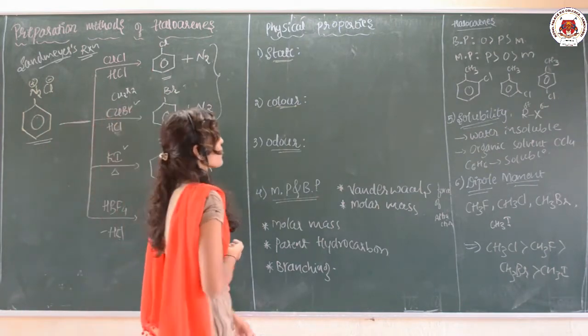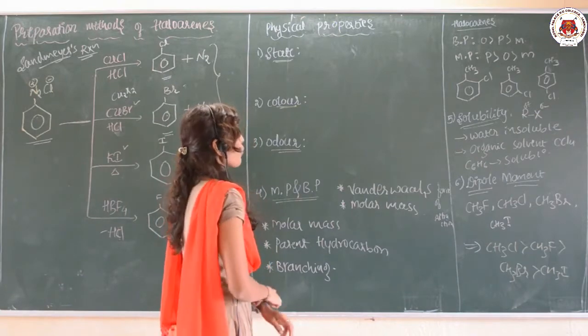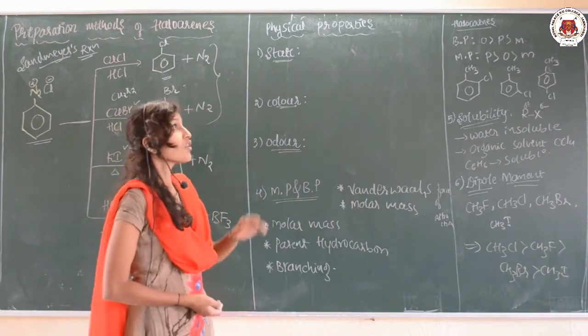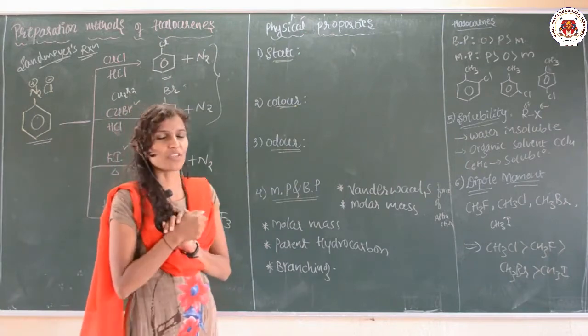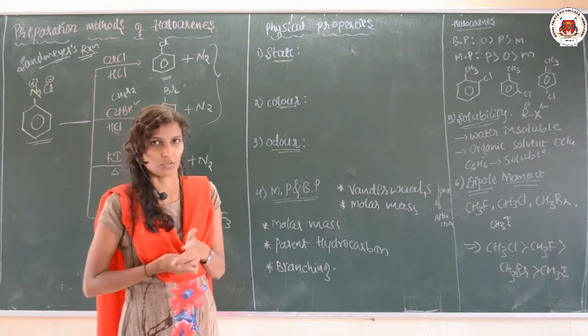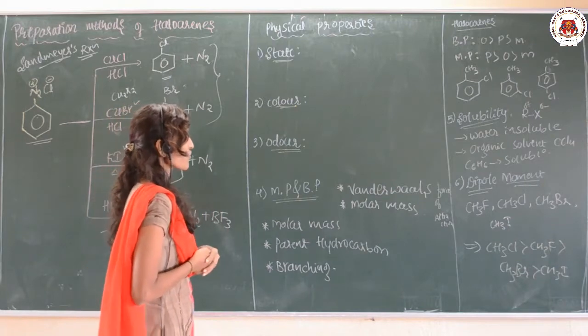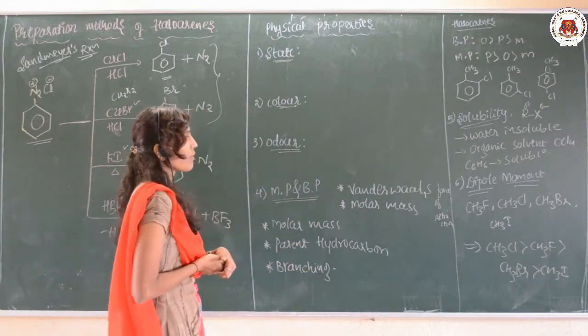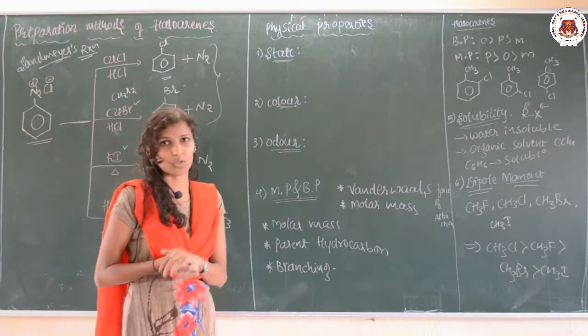Clear? So let me discuss a few more physical properties. Sometimes they are going to ask you a 1 mark question on physical properties, that is, the physical appearance. First we will talk about the state. The haloalkanes and haloarenes are available in the liquid, gaseous as well as solid state.